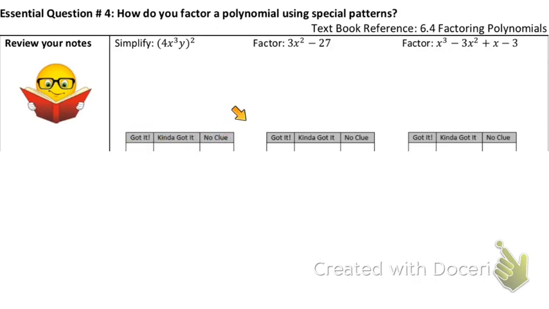Write in the comments for number 1, got it, kind of got it, no clue. Number 2, got it, kind of got it, no clue. And then number 3, got it, kind of got it, no clue. If you have issues with putting comments on Google Classroom, come talk to me during class time.